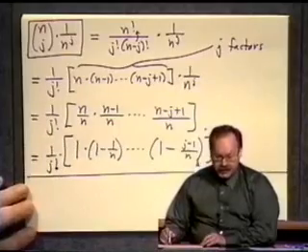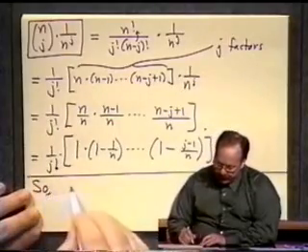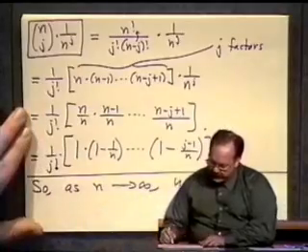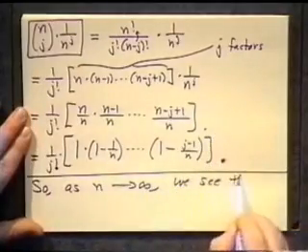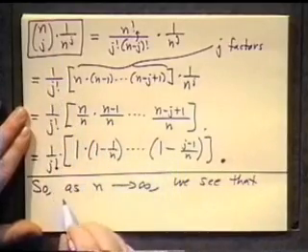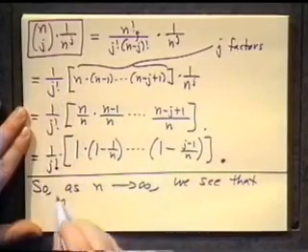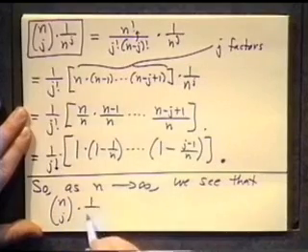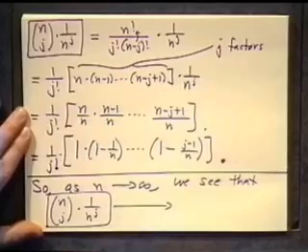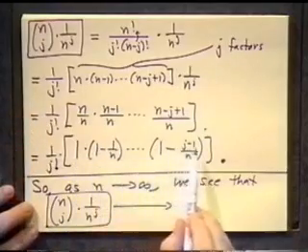What was the advantage to doing that? So, as n goes to infinity, the original object, n choose j times 1 over n to the j, approaches, well, what happens here?